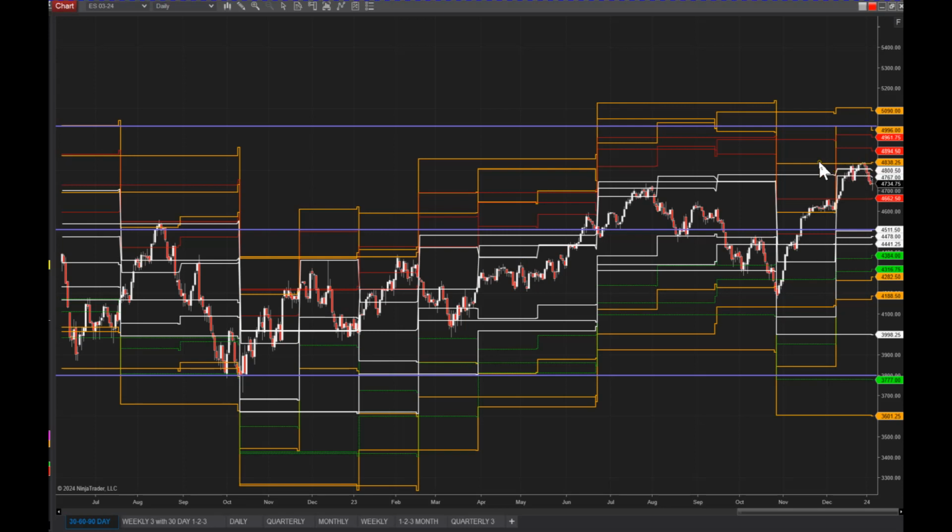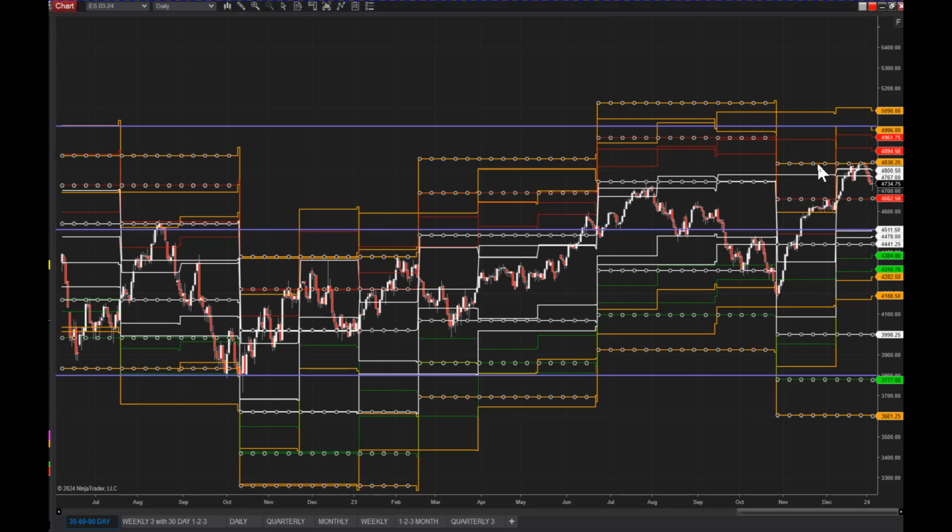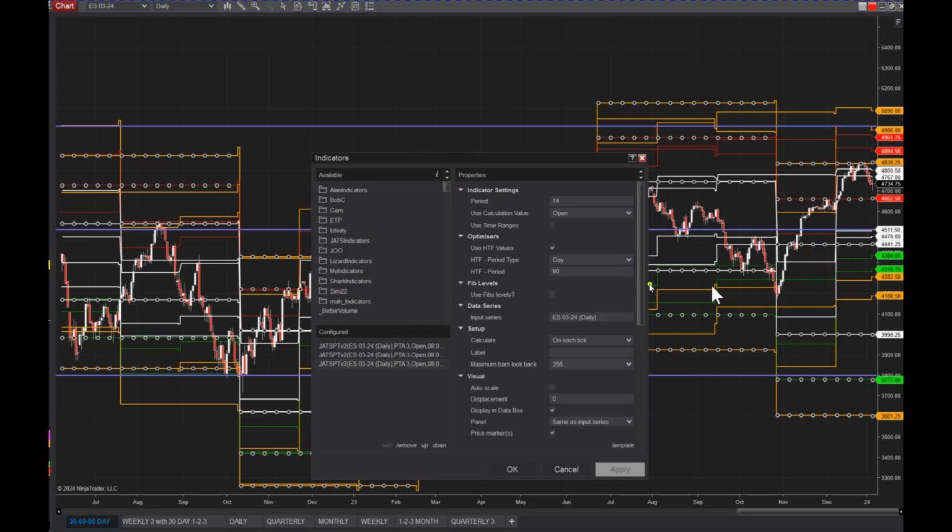So you can see here that in the ES, price went to this orange line. That's the 3, and it's by time frame. This is a quarterly level. This chart is showing 30, 60, 90-day ranges on a daily bar, and this one is the 90-day 3.